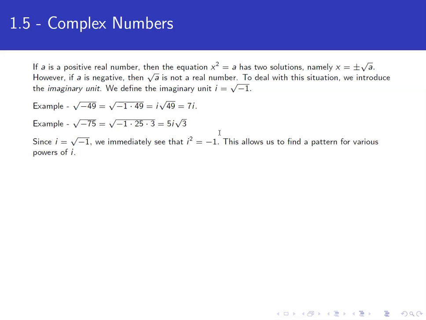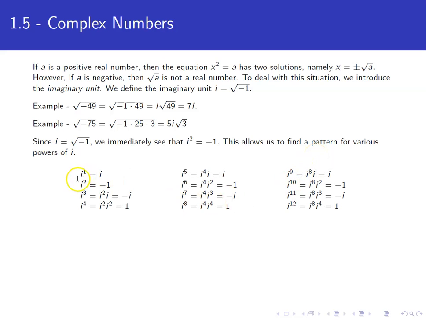Well, as I mentioned before, we defined i in this way so that i is a solution to the equation x squared equals -1. So i squared has to be -1, and this allows us to create some patterns for finding various powers of i. So certainly i to the first is just i, just like anything to the first power is itself.